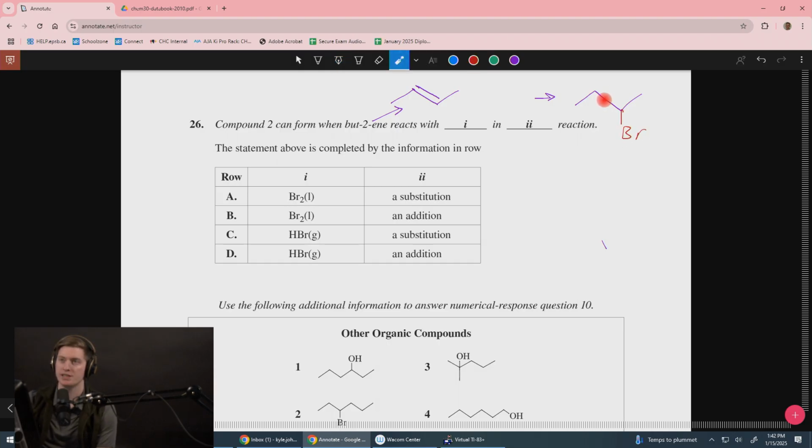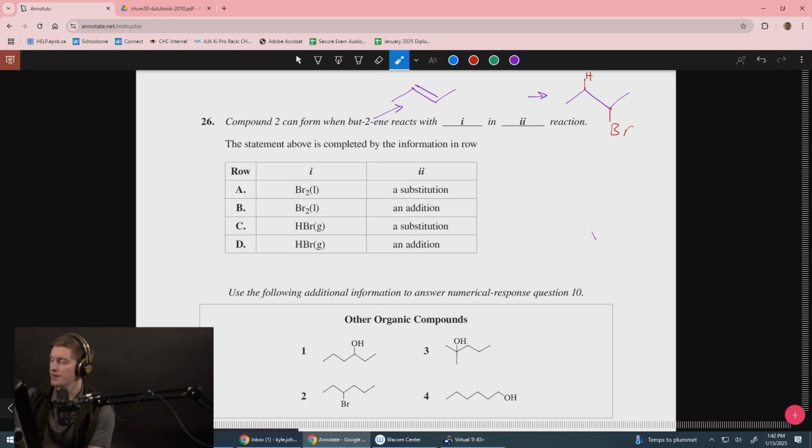That also ostensibly means that if we've added a bromine here and we've gotten rid of this double bond, we must have added a hydrogen here. Because there's not a bromine shown here, but this carbon needs to have 4 bonds. So in order to get 4 bonds, it'll have to have 2 hydrogens here. There's already a hydrogen here, but now there'll be 2 hydrogens here because we've gotten rid of that double bond.